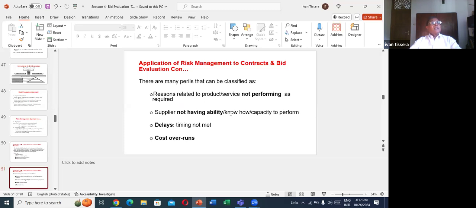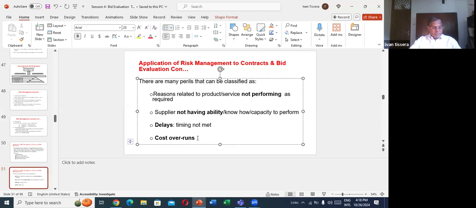Even though we selected them to deliver the construction, they may not have the ability, technical, financial, or whatever. Then there's another risk: delays. Even though we want delivery within 2 weeks, that may be delayed, and due to delay there may be huge losses to the organization. Cost overruns, cost variation, physical variations or price escalations, right?